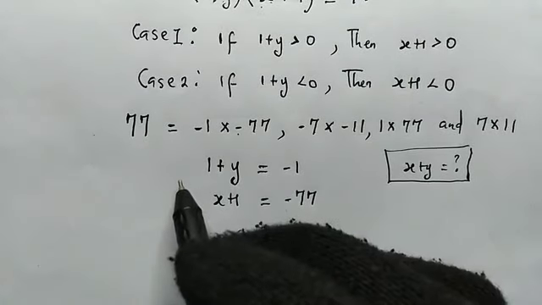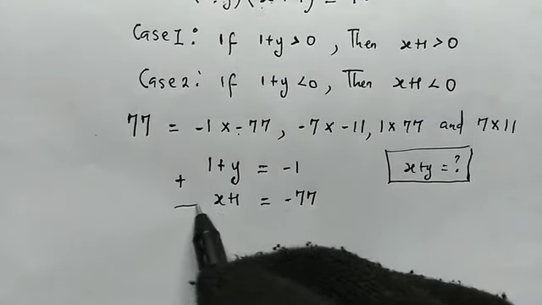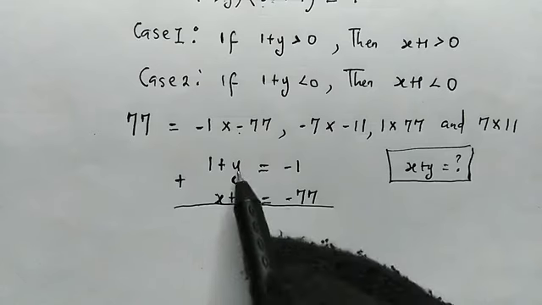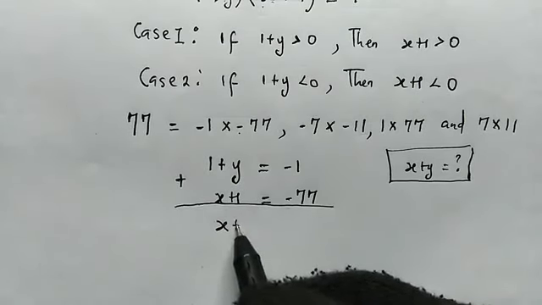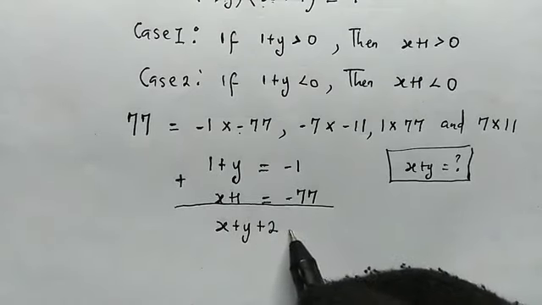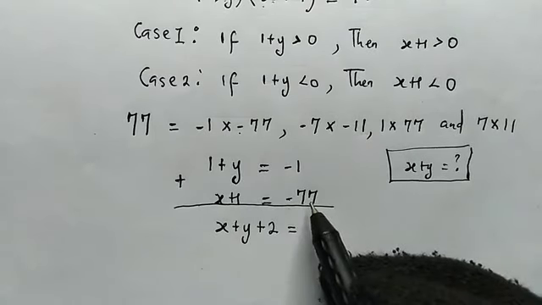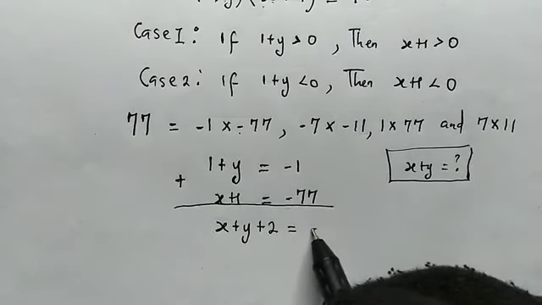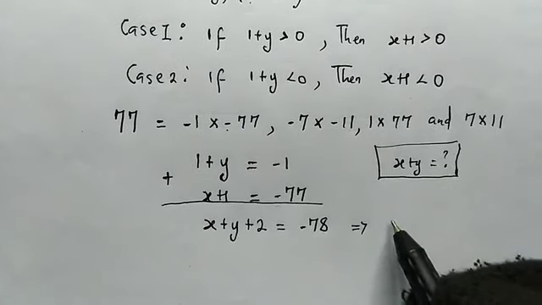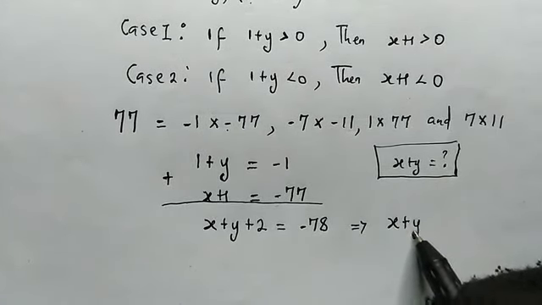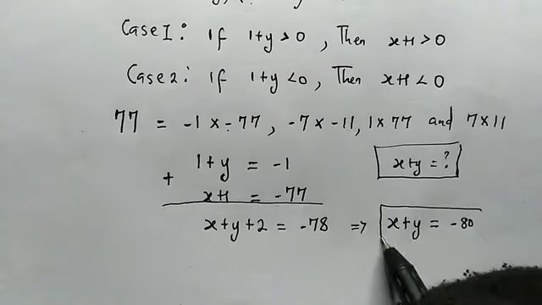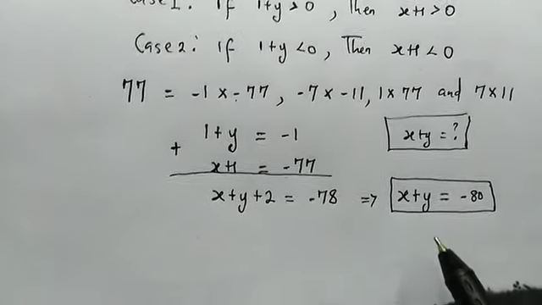We can just add both equations together. We have x plus y plus 1 plus 1, which is 2, equal to negative 77 plus negative 1, which gives us negative 78. Subtract 2 from both sides, and we get x plus y equal to negative 80. Amazing.